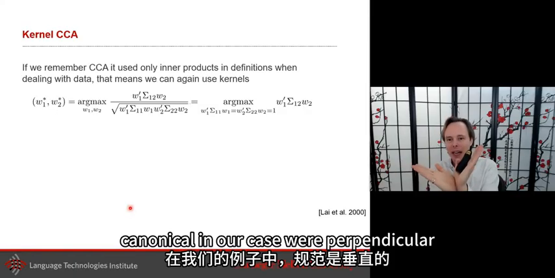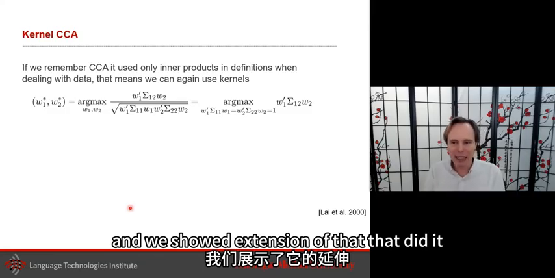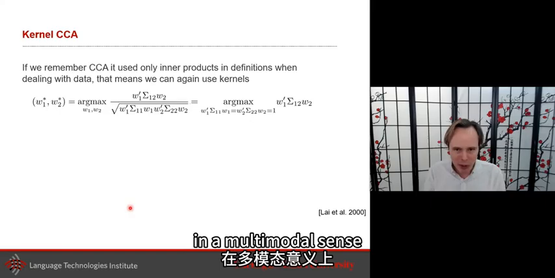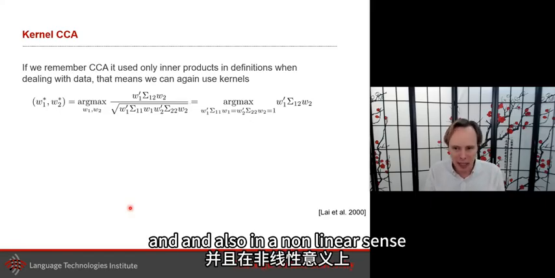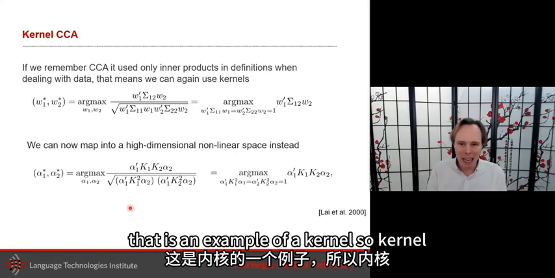Canonical in our case were perpendicular. And in this case, we did it in a linear case, and we showed an extension of that in a multimodal sense and also in a nonlinear sense. And that is an example of a kernel.